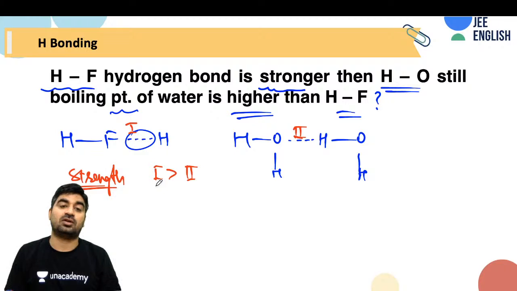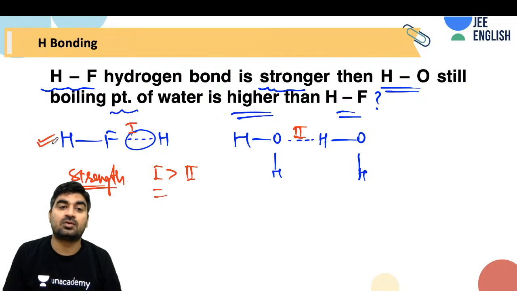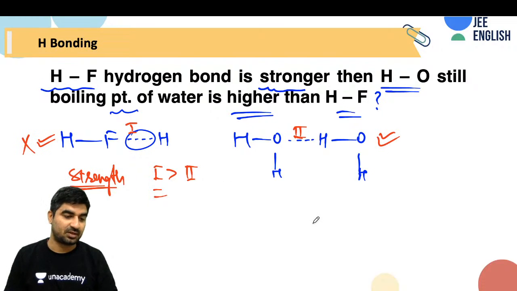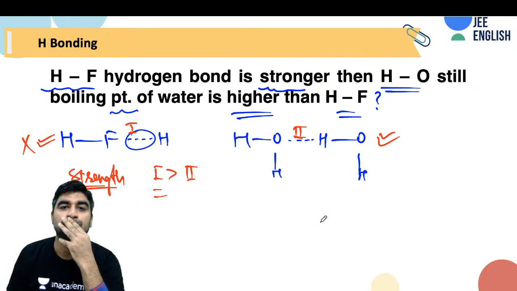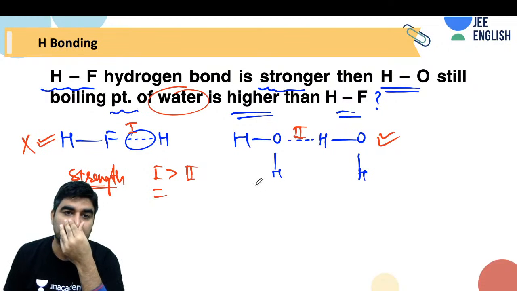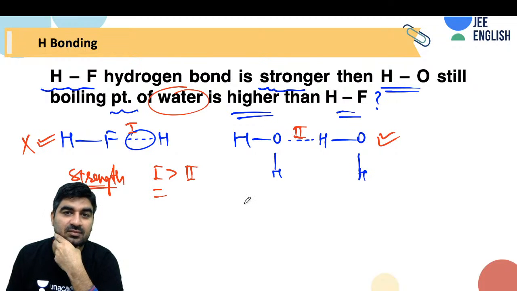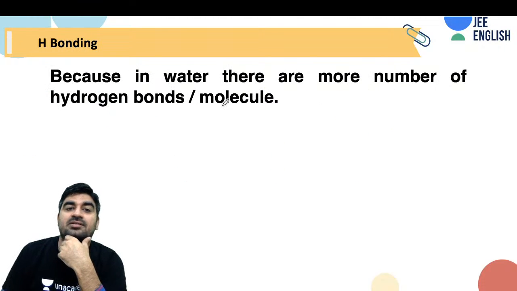And if 1 is stronger, then to vaporize it, I have to provide more energy for HF, but this is not the case. In case of H2O, I have to provide more energy. So is there anyone who can tell me the answer? When I'm talking about the water, the answer lies in water.